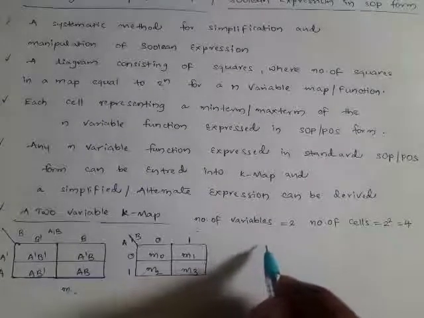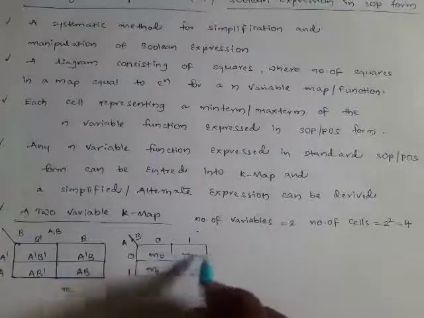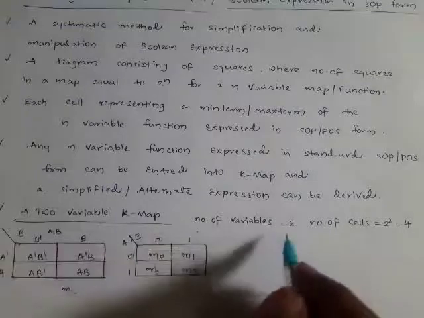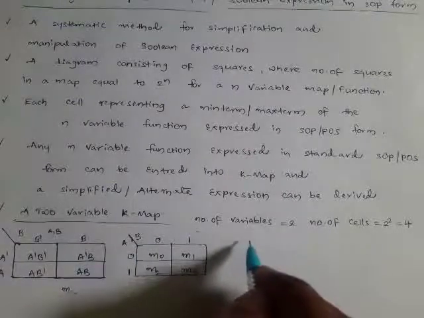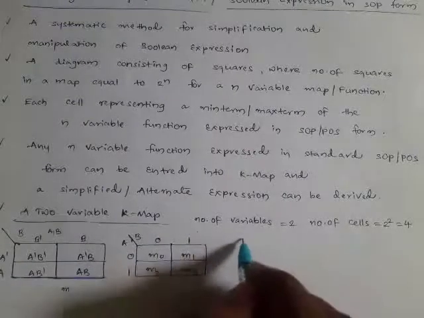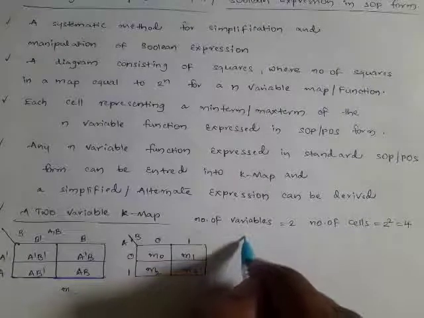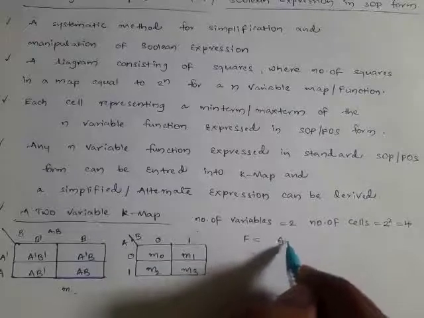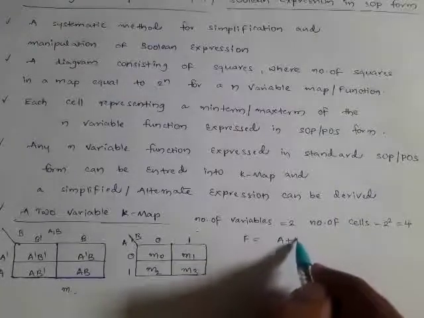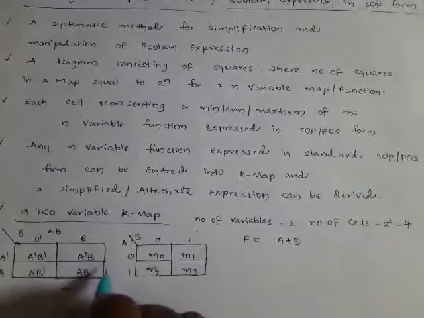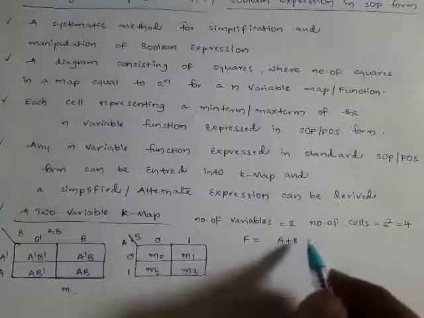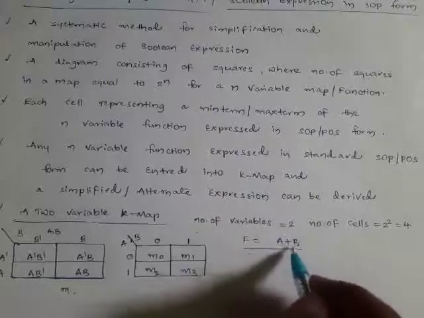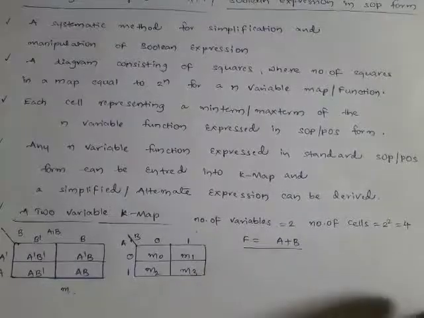a two variable Boolean expression using a K-map. So here we assume the function f equals a plus b. This function we have to represent on the K-map.